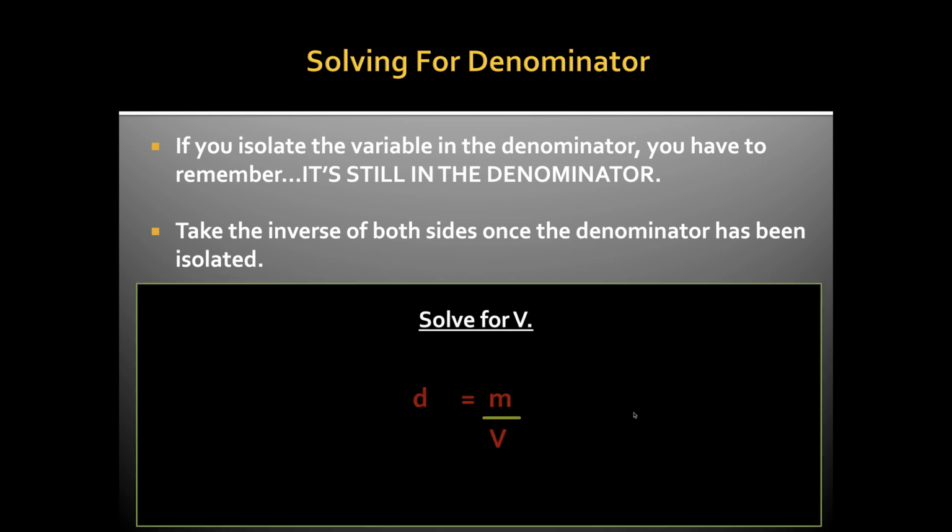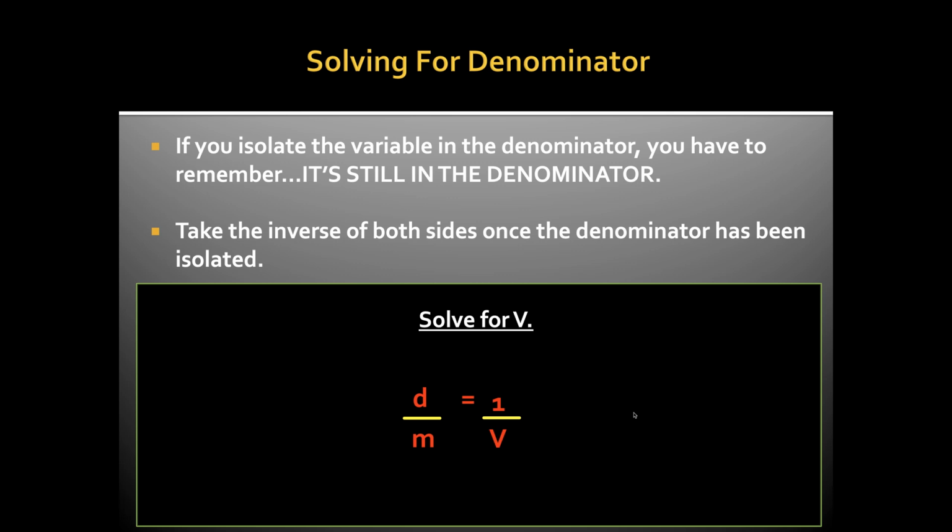For example, let's say we want to solve for volume. Well, right now, it's mass divided by volume. So if you want to get rid of mass, just divide both sides by mass. This will get rid of mass and put it on the other side. But volume is still in the denominator.